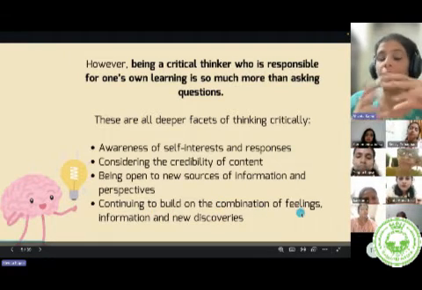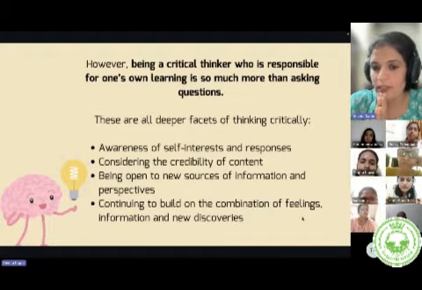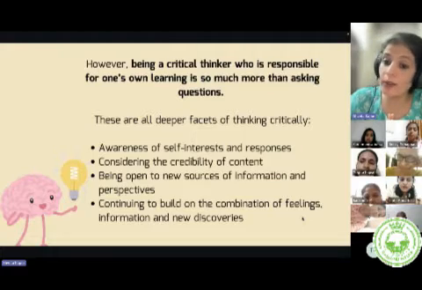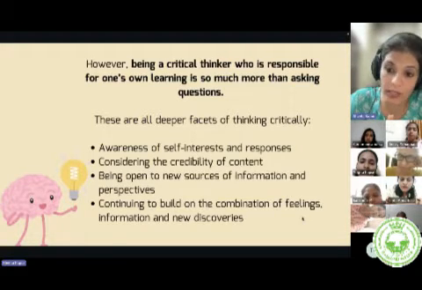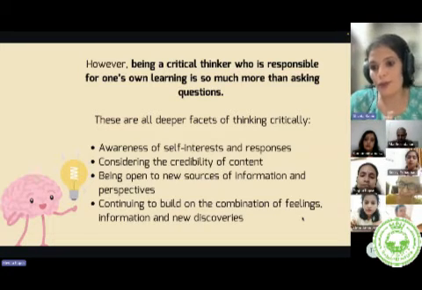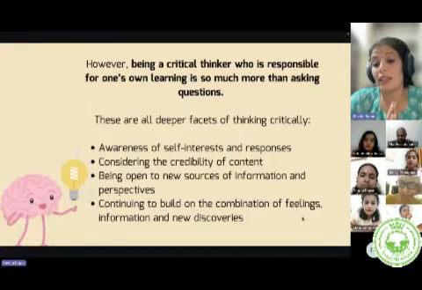Continuing to build on the combination of feelings, information, and new discoveries, like I was just saying. So why are we here? We want to learn something new. Why do we want to learn something new? Because it's important. Why is it important? Because my school wants me to, or because I am curious by nature. I want to adopt new technologies. I want to benefit my learners.